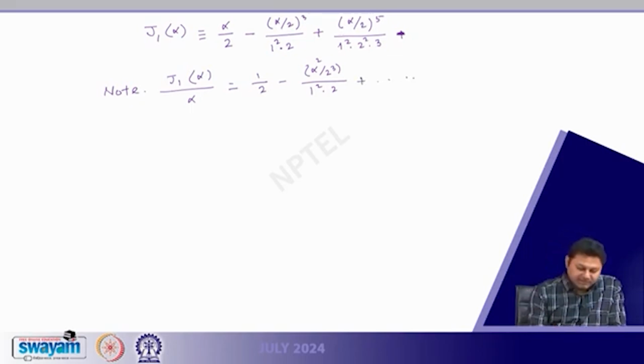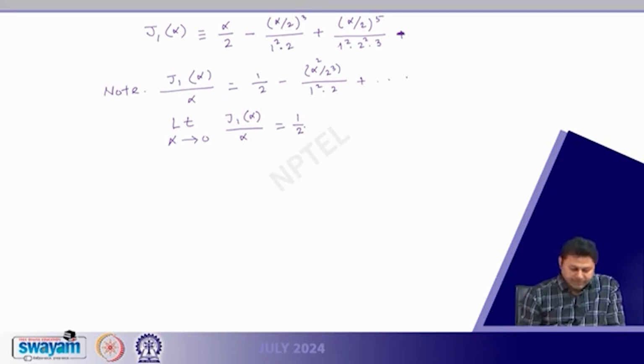If that is the case, then that limit will be there. So, when alpha tends to 0, for that limit J1 alpha divided by alpha is equal to half. Okay. So, that is the limit we have.